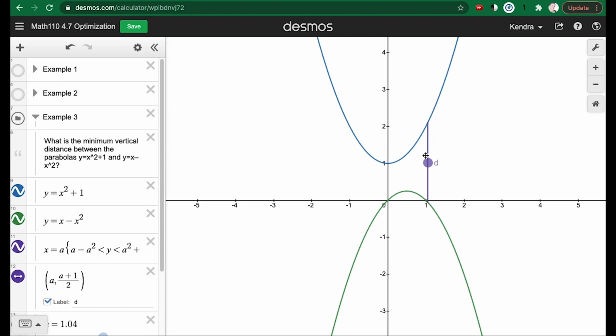And you can see it looks like maybe the minimum distance might be somewhere around here, about a quarter or so. We'll do the algebra, the calculus, to figure it out, but it's good to see what picture we're looking at first.